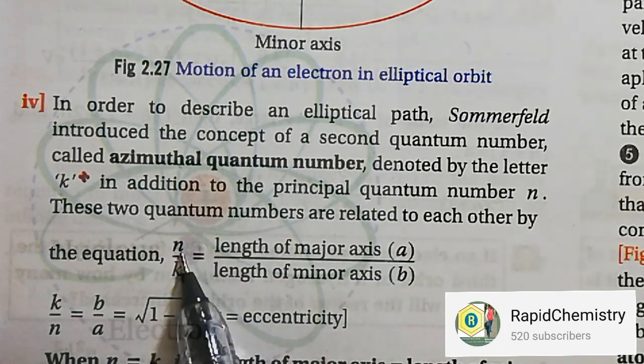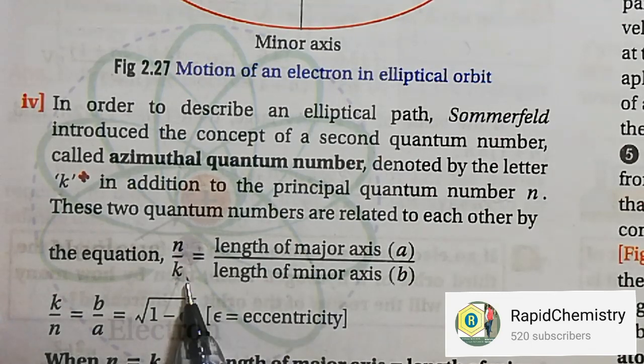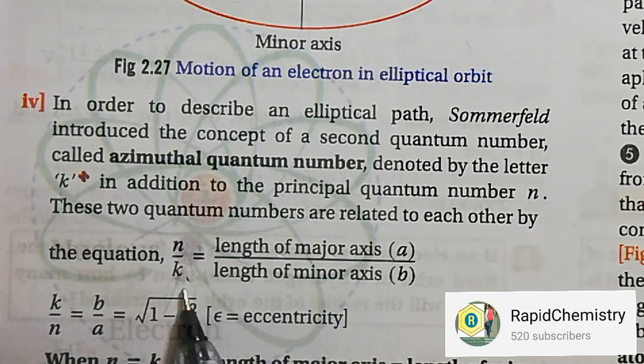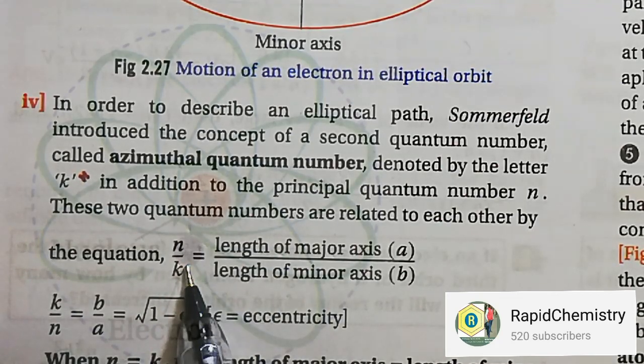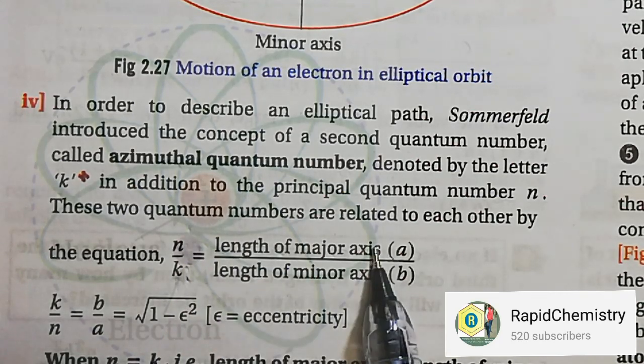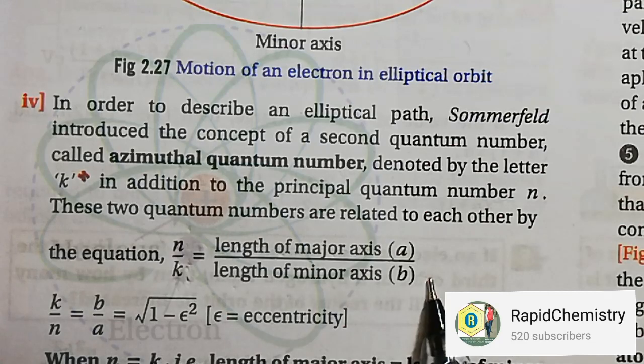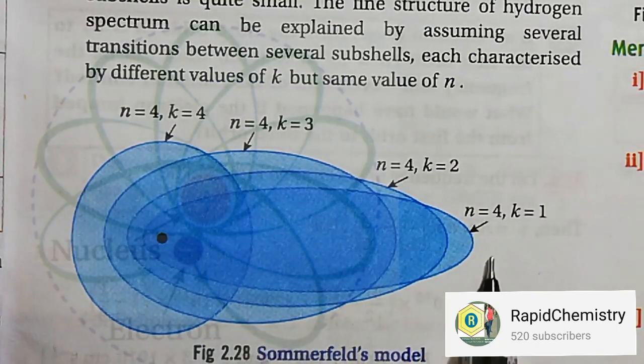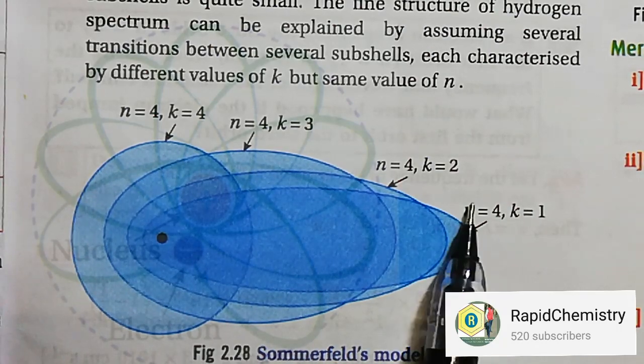For a specific value of n, there can be more than one value of k, and I can show you here. So n by k, as given by Sommerfeld, equals the length of major axis by the length of minor axis. And this is the Sommerfeld model.